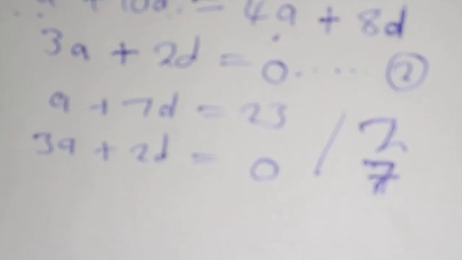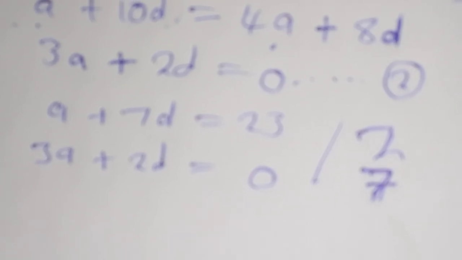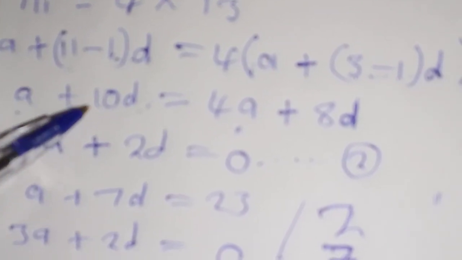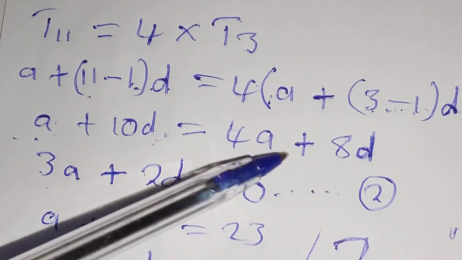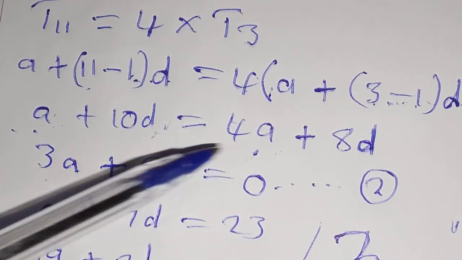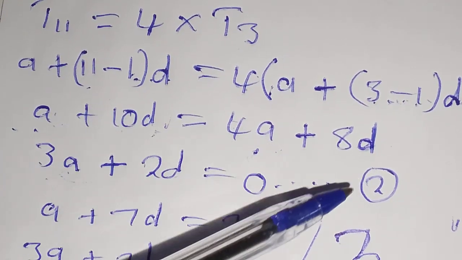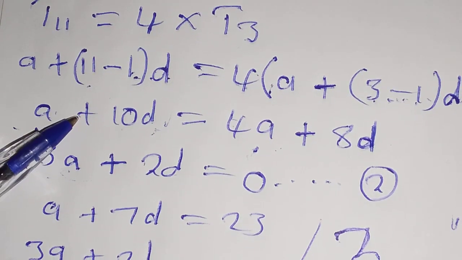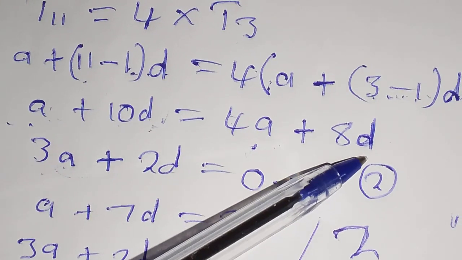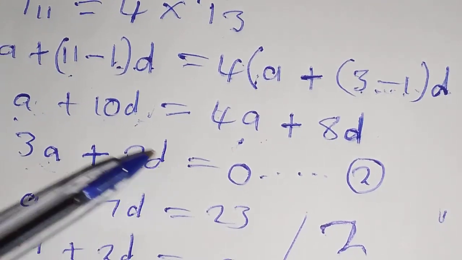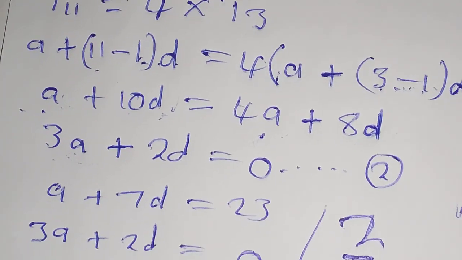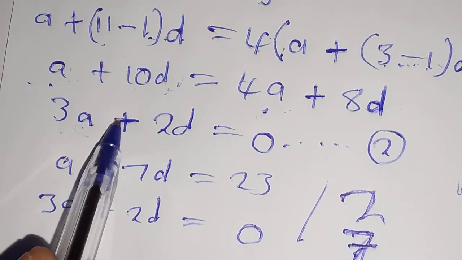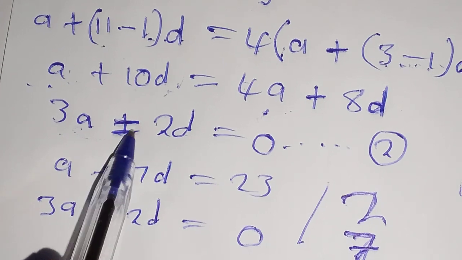Going back, we have a plus 10d; moving it across the equal sign, 4a minus a is 3a, and 10d minus 8d is 2d, which is equal to 0.